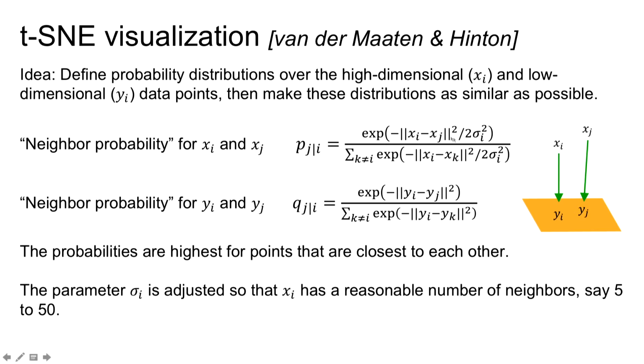This is the distance between the 2 points, and the denominator is the sum over distances for other points. So it's almost like a softmax. That gives you a value that's going to be quite large if the points are close together, or if the points are identical, the numerator will be 1, and presumably the denominator will be somewhat less.